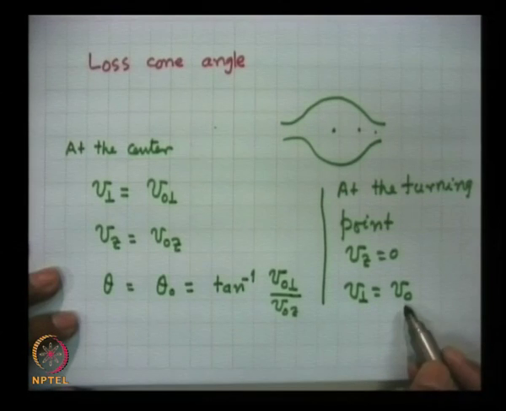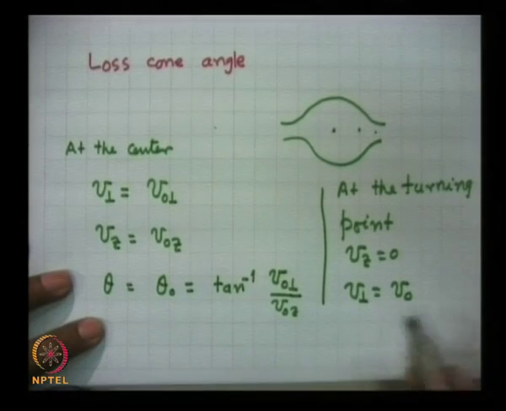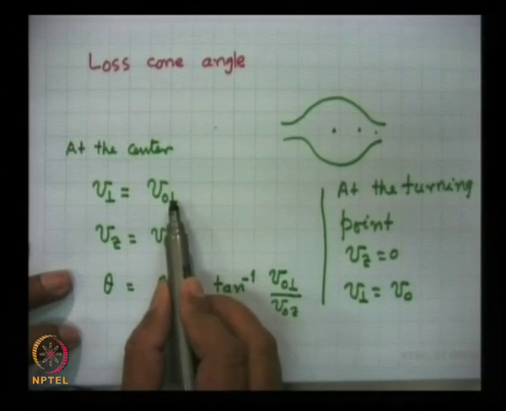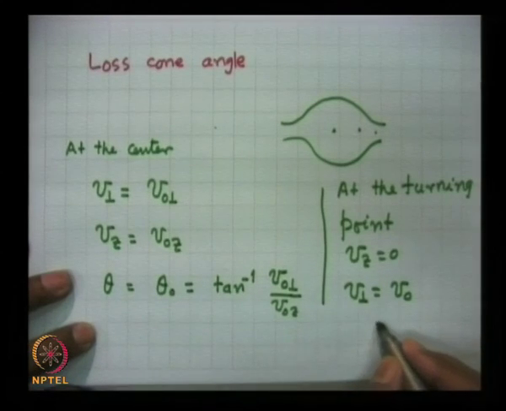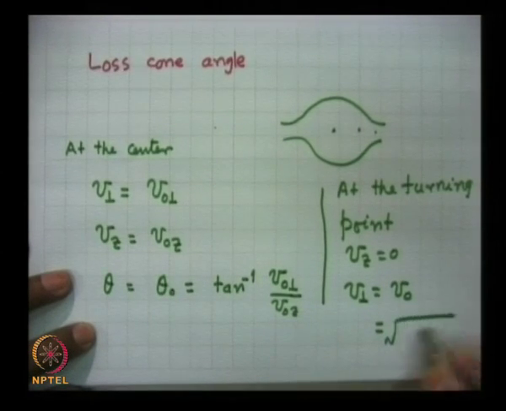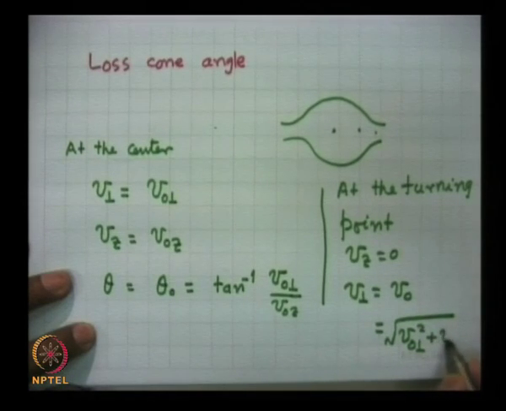So, V perp should be equal to V0, which is the square root of the sum of squares of V0 perp and V0z, which is equal to under root of V0 perp square plus V0z square.